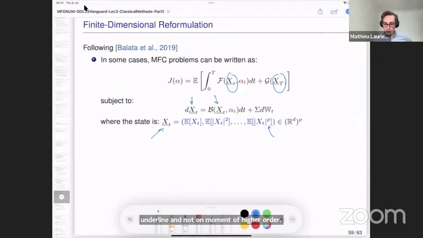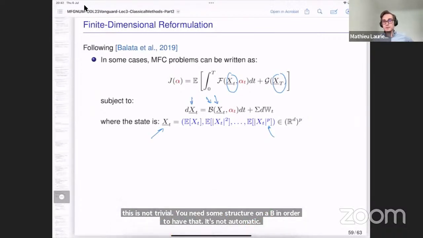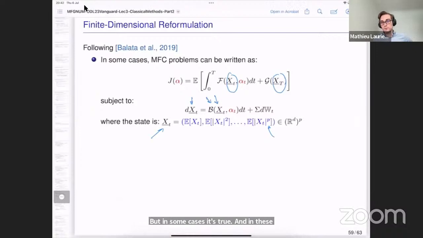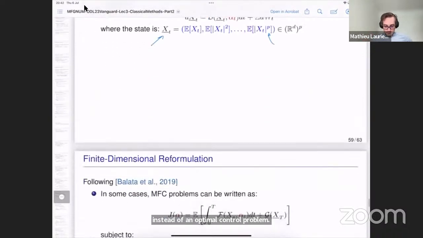So this is not trivial. You need some structure on B in order to have that. It's not automatic, but in some cases it's true. And in these cases, we are back to a finite dimensional optimal control problem instead of an optimal control problem in the space of distributions.